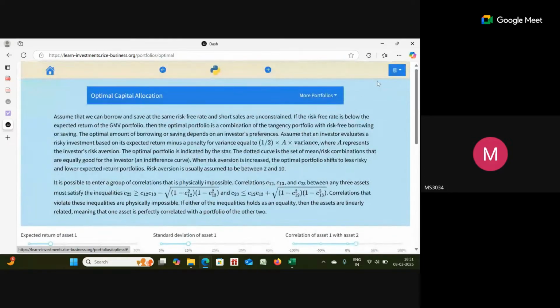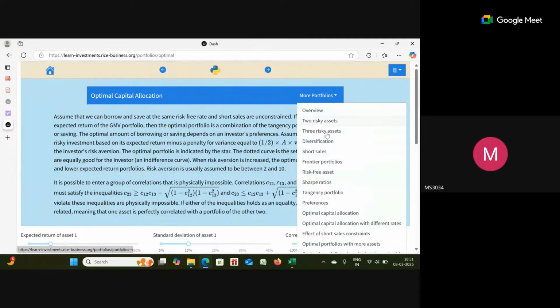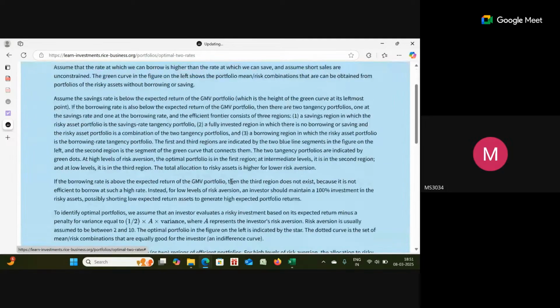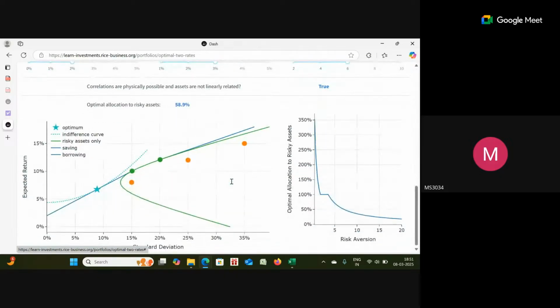There is one thing: the optimal capital allocation with different rates. If you see, one is the borrowing rate, one is the saving rate, which we discussed earlier also, correct? So there is a tangency portfolio at the saving rate, and there will be a tangency portfolio at the borrowing rate.